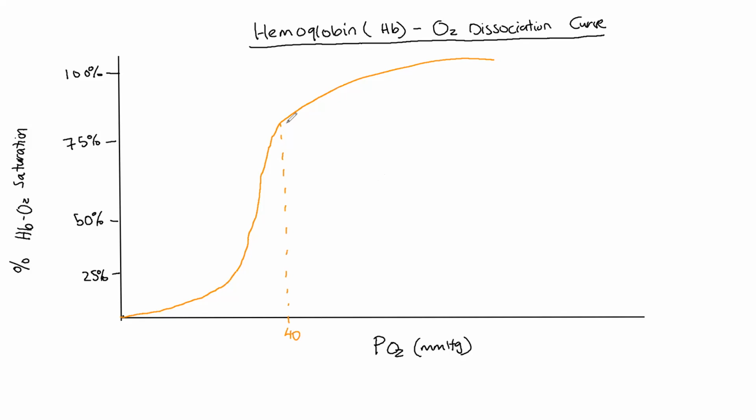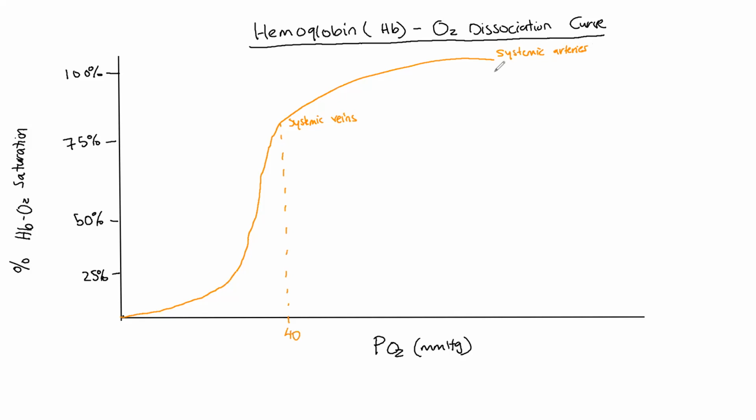Okay, so let's make a note here. This is in our systemic veins. When we think about our systemic arteries, this is where we have full oxygen saturation. So this is out in our systemic arteries, when all 4 of those heme groups have an oxygen bound.